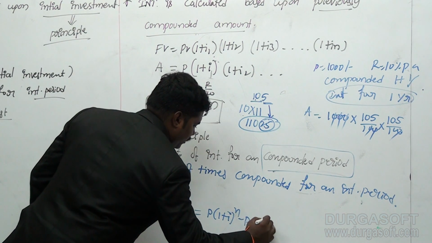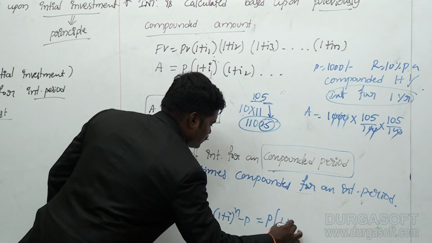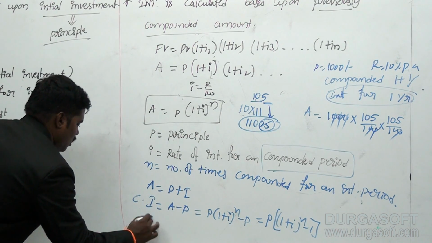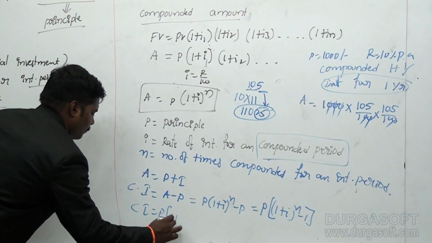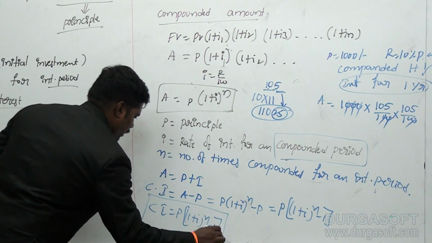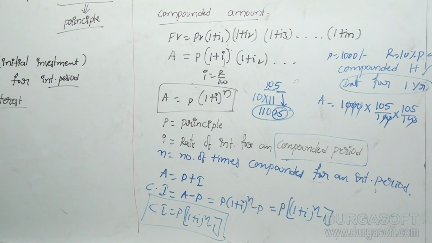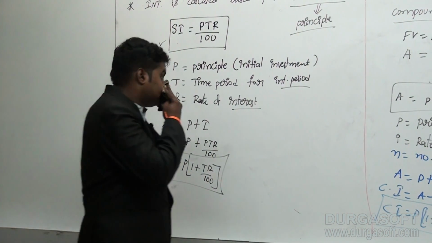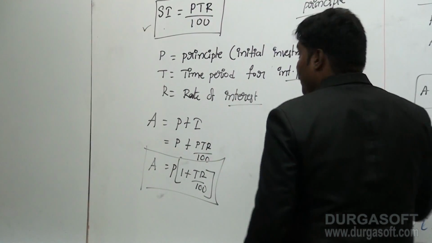When you take P common, P of 1 plus I whole power n minus 1 is nothing but the compound interest. Compound interest is equal to P of 1 plus I whole power n minus 1. This is the compound interest formula. By these formulas we can get the answer very easily.